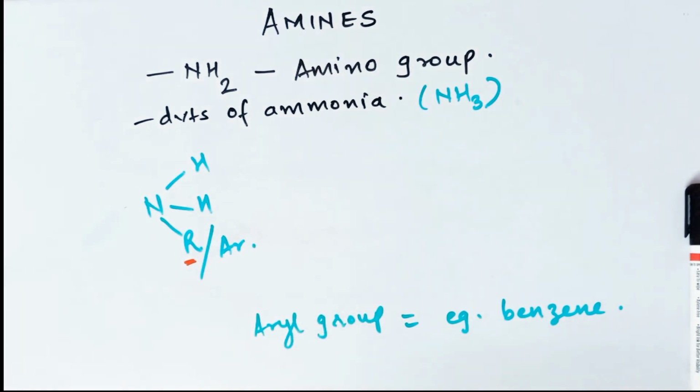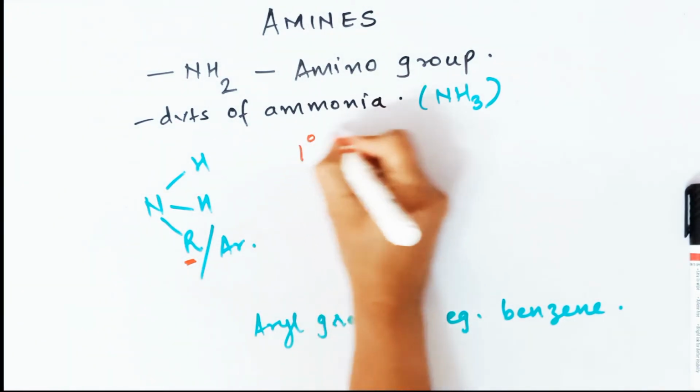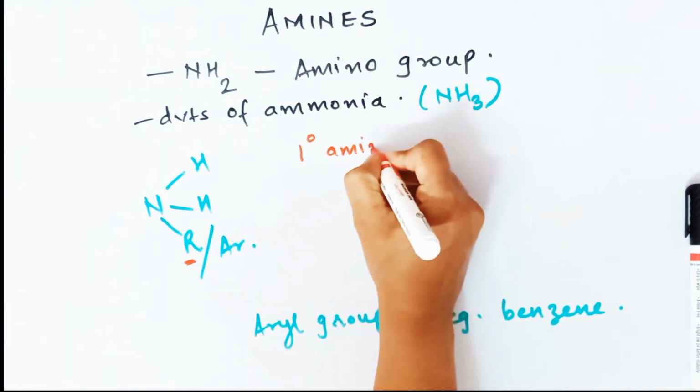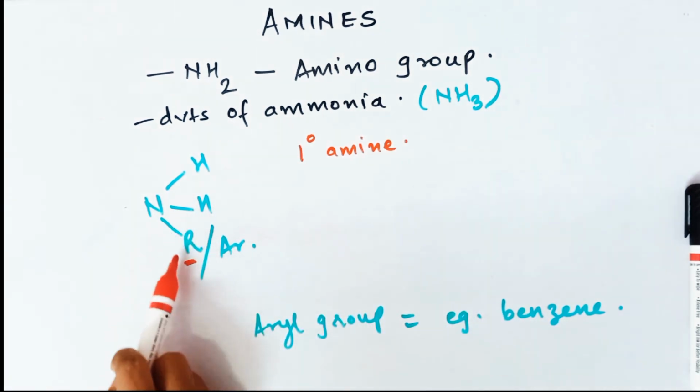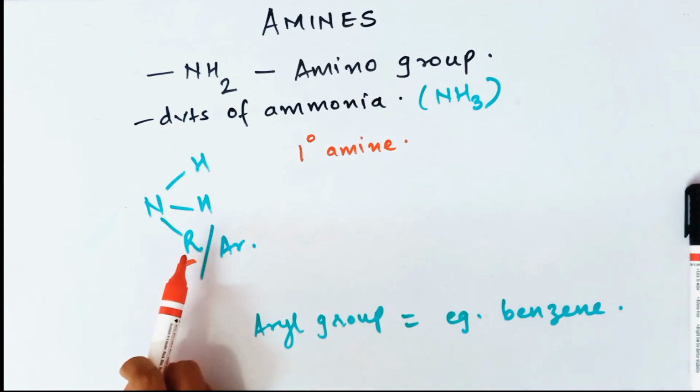So in this particular amine, the formula which we have drawn here, it's a kind of primary amine, which means that one hydrogen atom has been substituted by a carbon atom. So you will be having only one alkyl or aryl group attached.